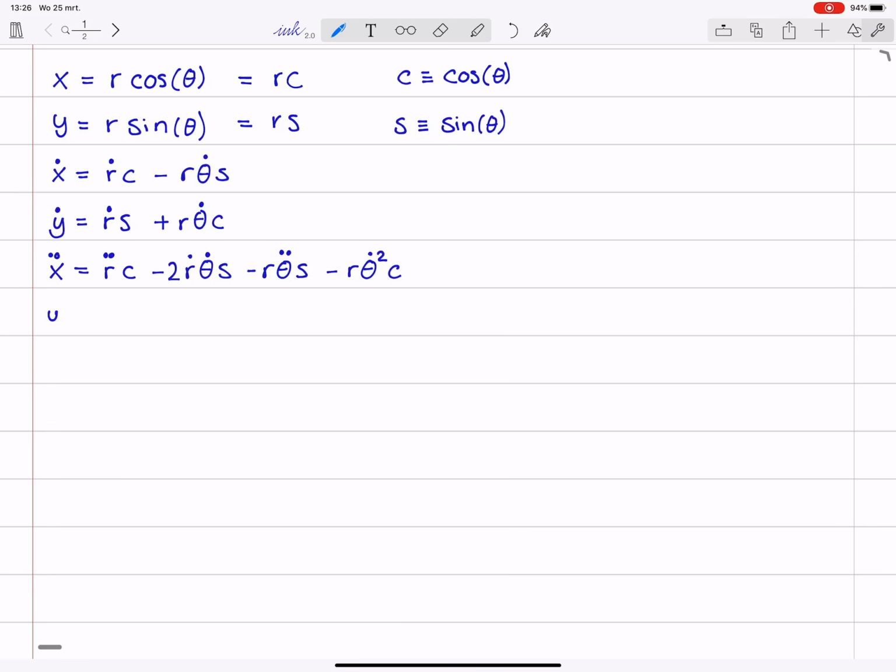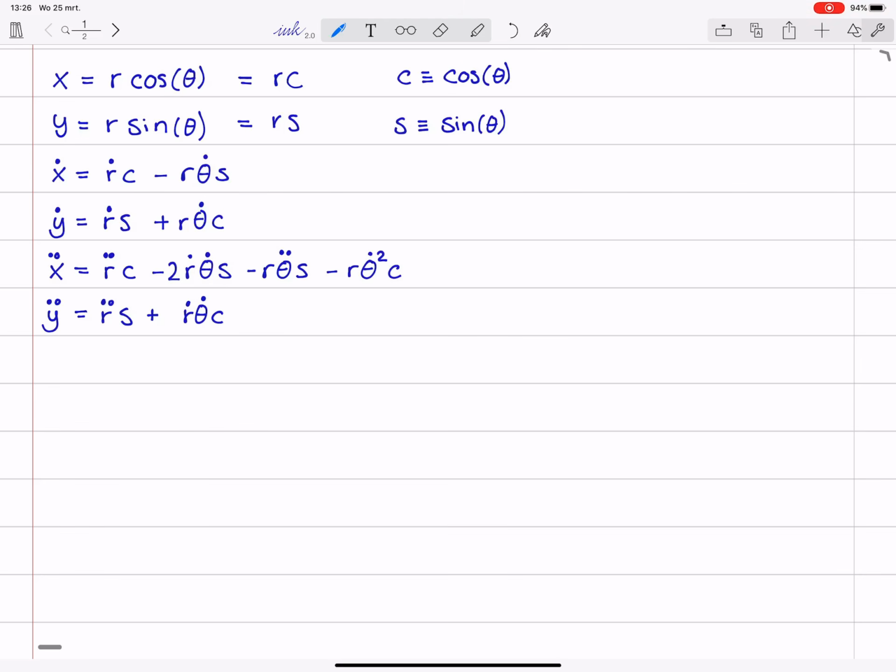Now this will also be the case for the expression for y double dot. So we have r double dot times the sine. Then we have the derivative of the sine is the cosine times theta dot. So this will be plus r dot theta dot times the cosine.